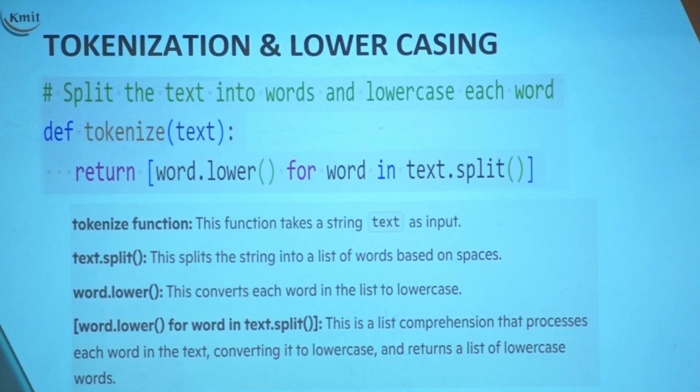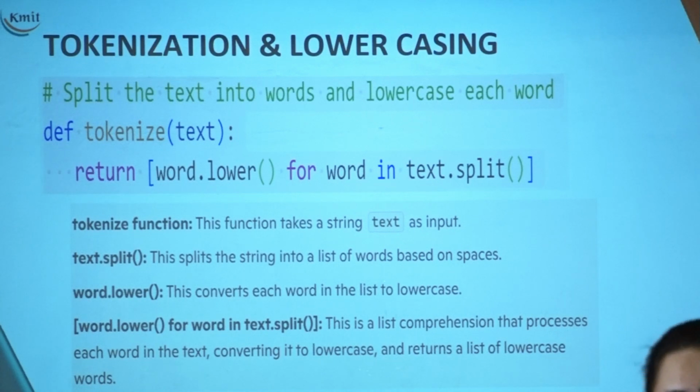To avoid case sensitivity. So in this instruction I am doing two things: automatically extracting all the words and then converting them into lowercase. And then where do I store them? I actually return all these things, and you can see I return it as a list.